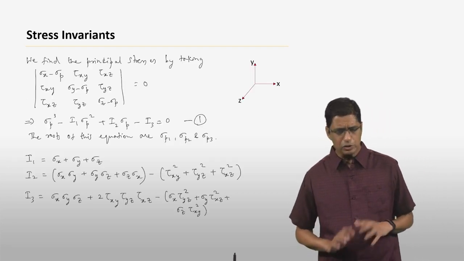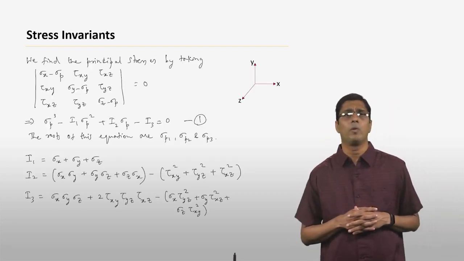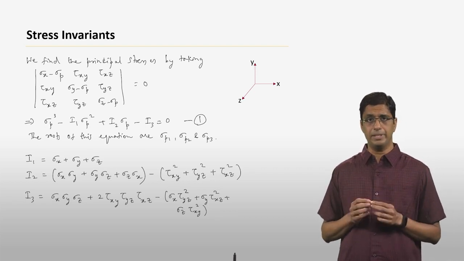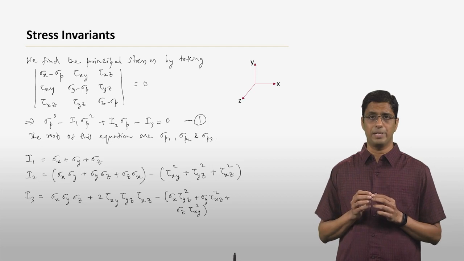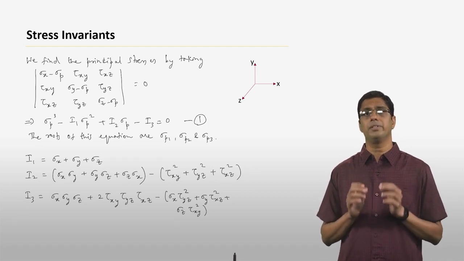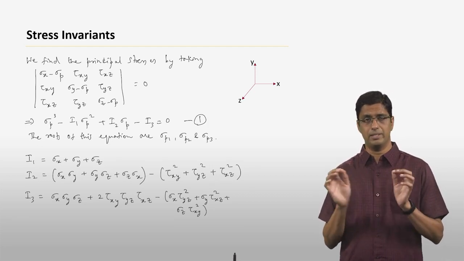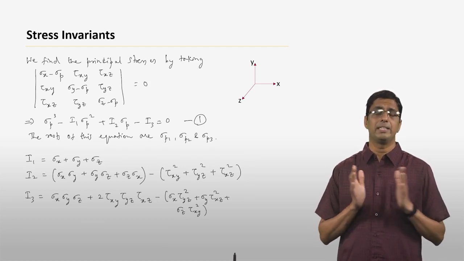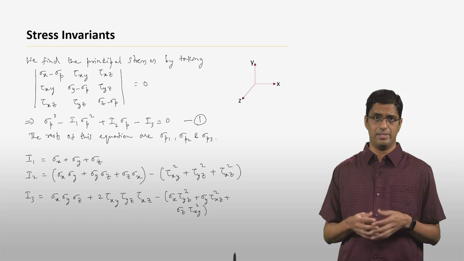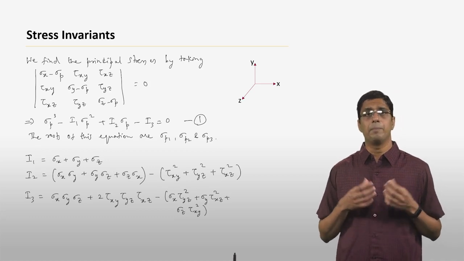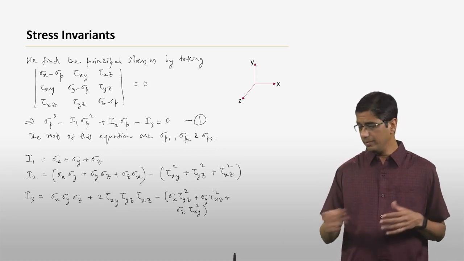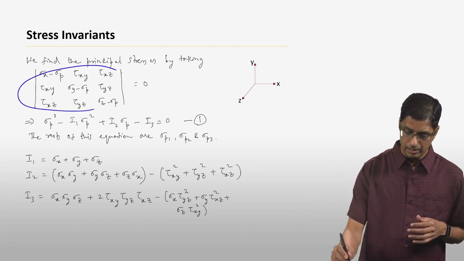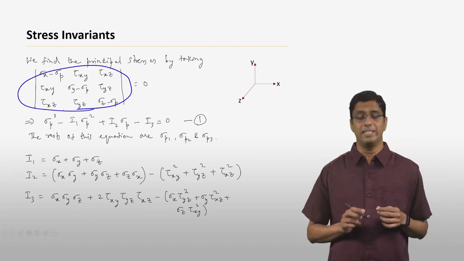Okay. So just to recap what we did in the last class. If you are given the stress at a point in the XYZ coordinate system, okay, so again, we always talk about the stress at a specific point, and if you are given the stress matrix at that particular point, then we find the principal stresses at that point by taking this determinant that I have written here and equating that to 0.